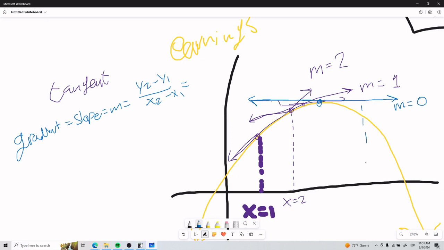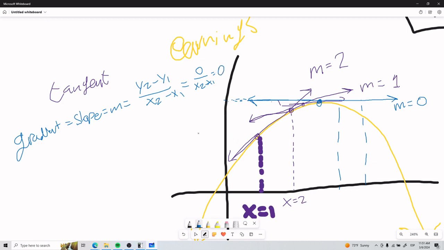Why, yes, of course it's changing in x values. Is it changing in y values? It's staying at the same one. So up here it's going to be 0, and on the bottom it's going to be x2 minus x1. So it's 0 divided by something. 0 divided by something is always going to be 0.